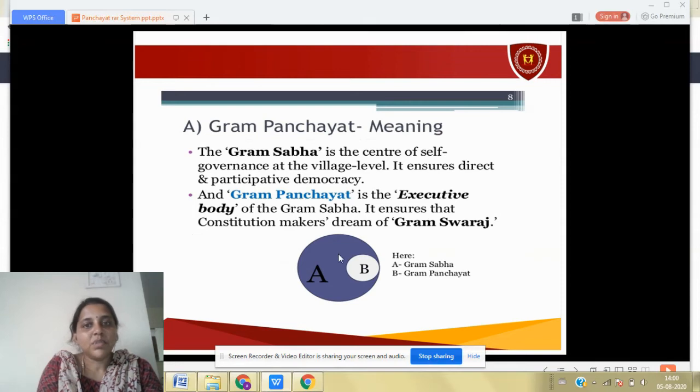And Gram Sabha is all this, all the areas, some 5 to 6 villages together. They form a Gram Sabha in each area, and all this together comes under one Gram Panchayat. It is a center of self-governance at the village level. It ensures direct and participatory democracy.